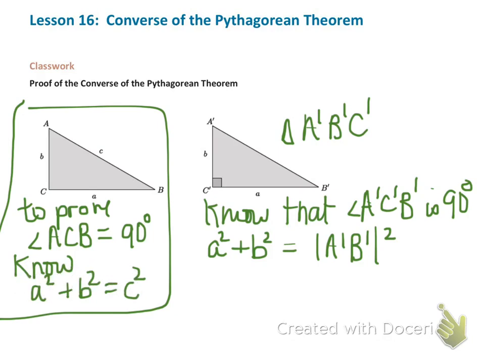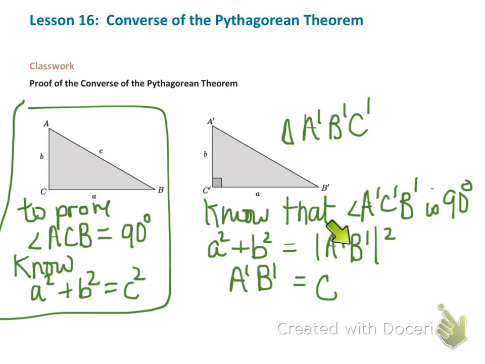So what we know now is that A prime B prime has to equal c, right? Because A prime B prime squared is going to have to be equal to c squared.